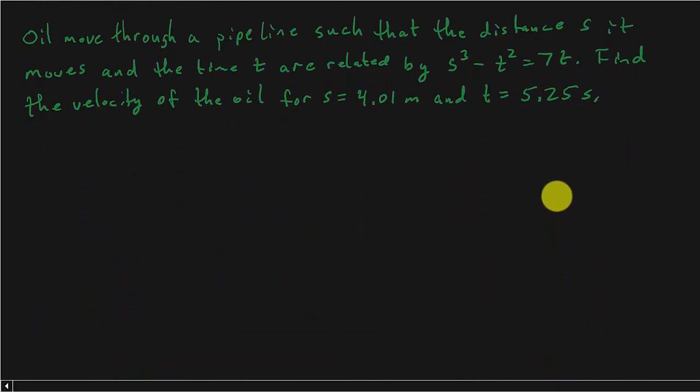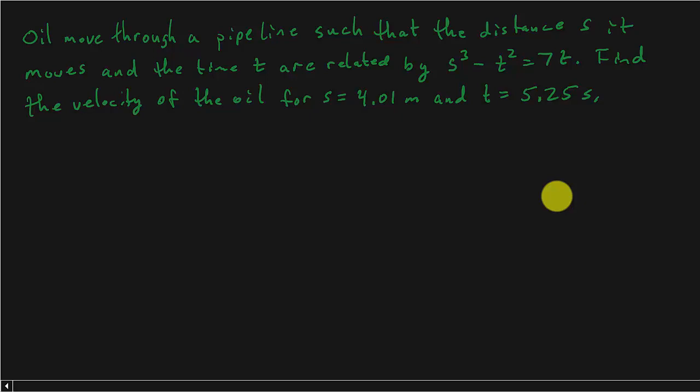Some word problems here. It says, oil moves through a pipeline such that the distance s it moves and the time t are related by s cubed minus t squared equals 7t. Find the velocity of the oil for s equals 4.01 meters and t equals 5.25 seconds.